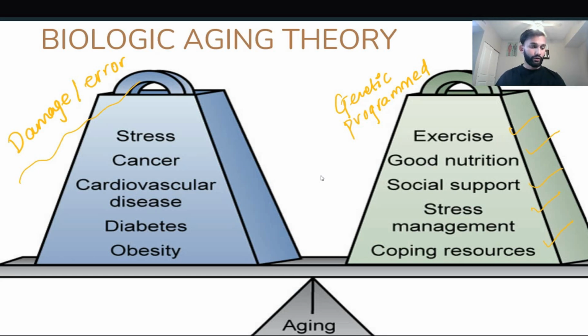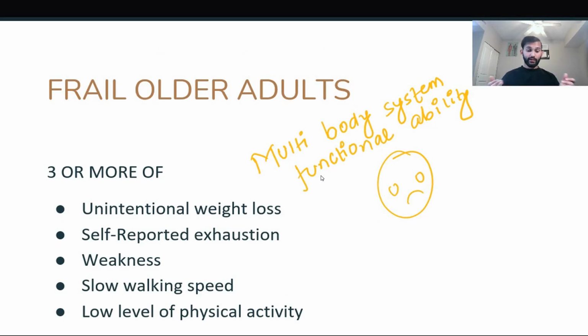Now we'll talk about frail older adults. In simple terms, it's a multi-body system failure where we have a functional decline of the ability of the body. In order to classify someone as a frail older adult, we need to have three or more of the following five: number one, unintentional weight loss.